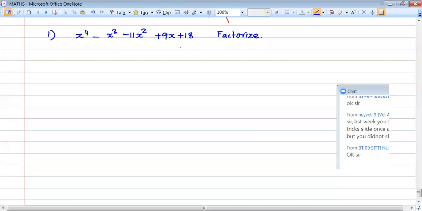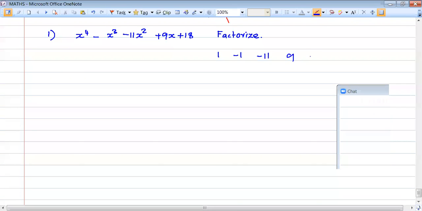If you add all the coefficients, have you got 0? No, it is not possible. Then 1, minus 1, minus 11, 9 and 18. Can you try like this?